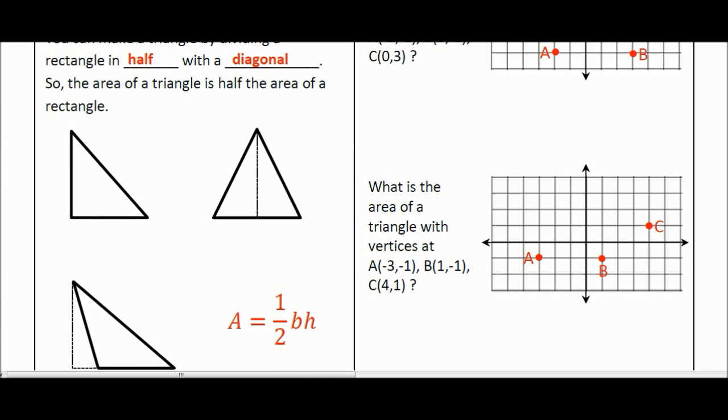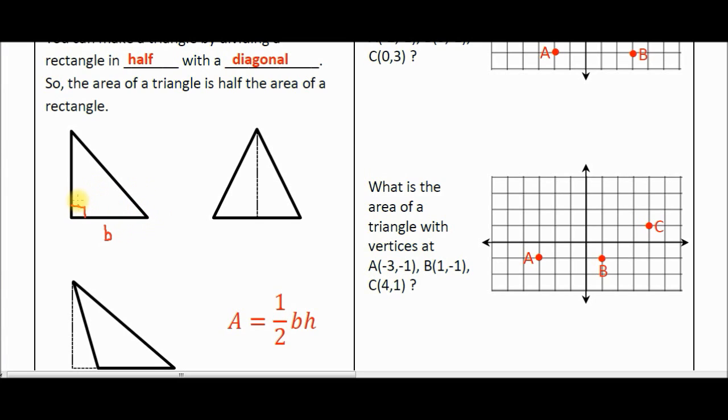Take a look at some examples here of triangles. Let's label this one as a right triangle. So this is the most common triangle we're going to deal with in this class, a right triangle. And this is pretty easy. We've got a side of this triangle that's horizontal, so I will call it the base because that makes the most sense.